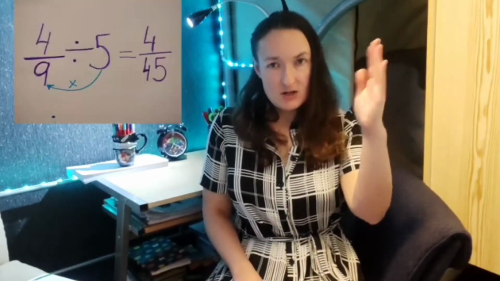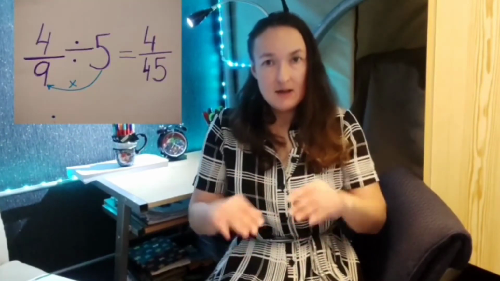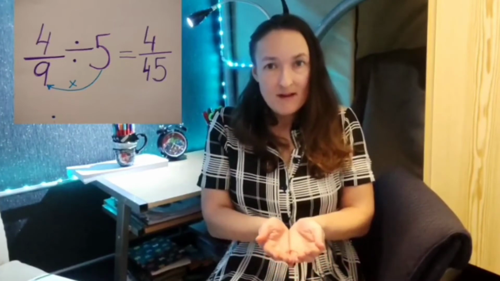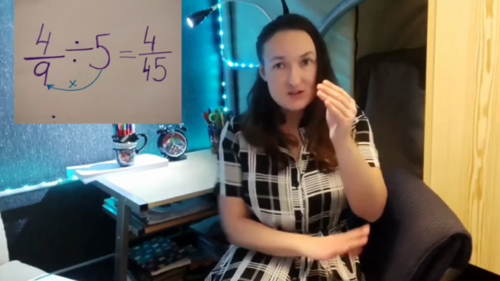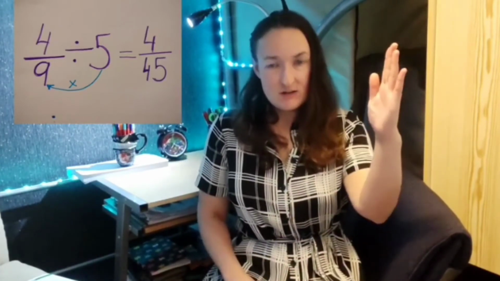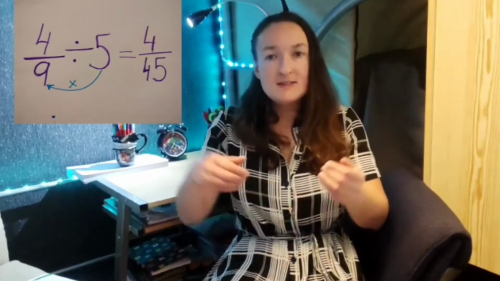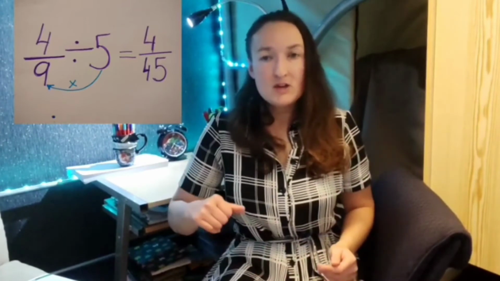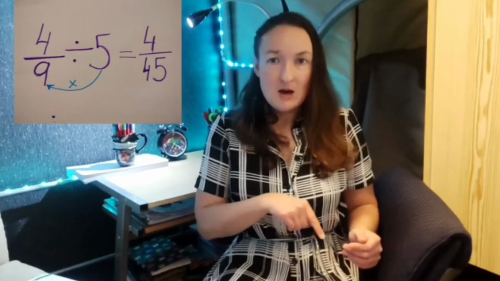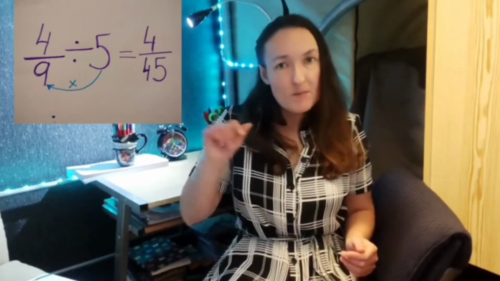Well, fraction divide by the whole number is also times, but the bottom. We are just multiplying our denominator by our whole number.